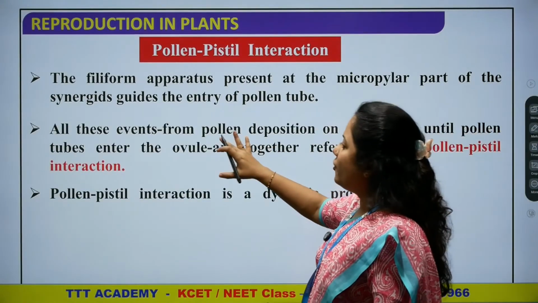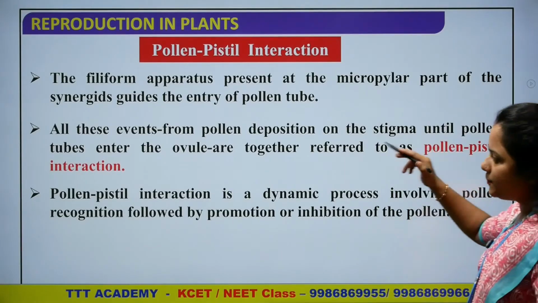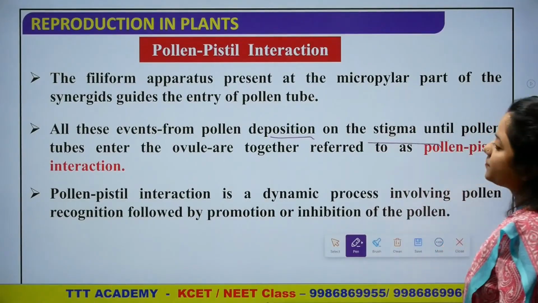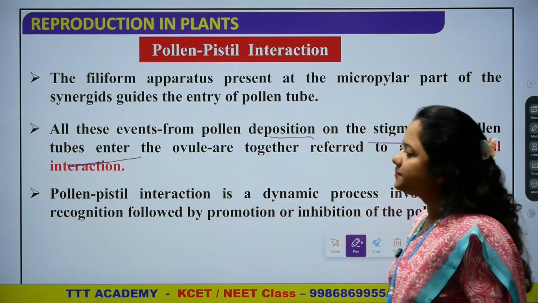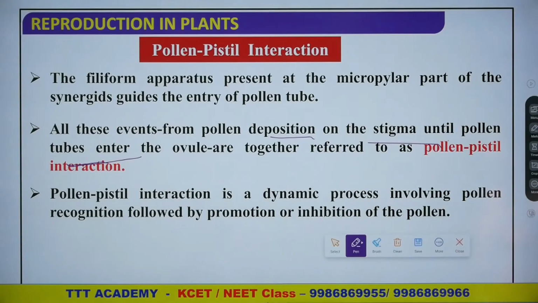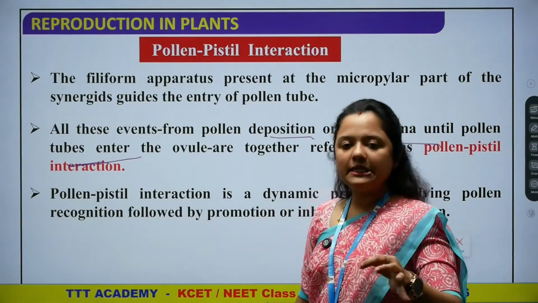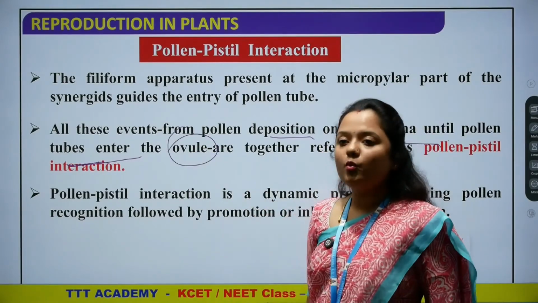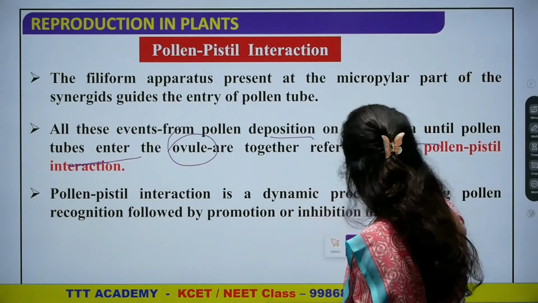Then these events of the pollen. From the pollen deposition, first pollen deposition has to happen on the stigma. Okay, after that only the pollen tube will be entering. Pollen tube germination happens, and after pollen tube germination, with the vegetative cell, generative cell, tube nucleus, everything, it will reach the ovule and reach the egg of the ovule with the help of the filiform apparatus.